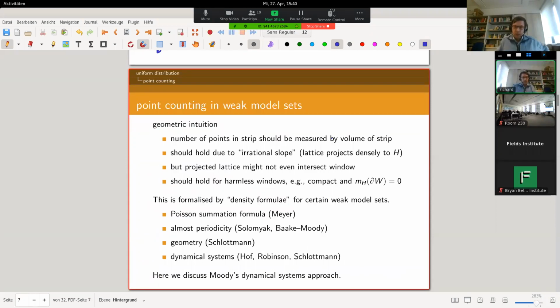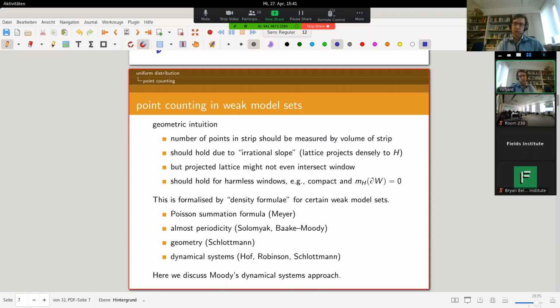So let's think about point counting in weak model sets in a geometric way. Of course, the idea would be that if you would like to count the number of points in a strip, this should be measured by the volume of the strip. That's a naive geometric idea. And this should be true because of the cut and project setup. Somehow you have some sort of irrational slope.